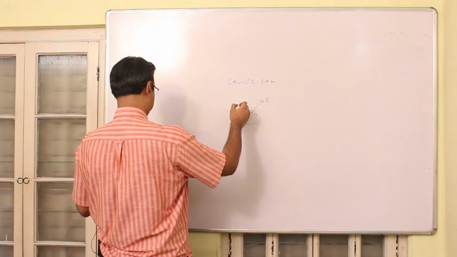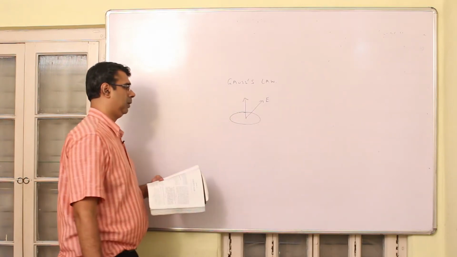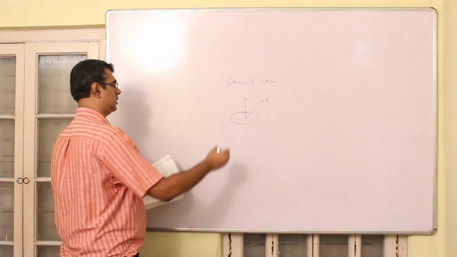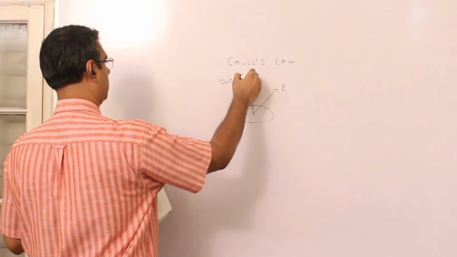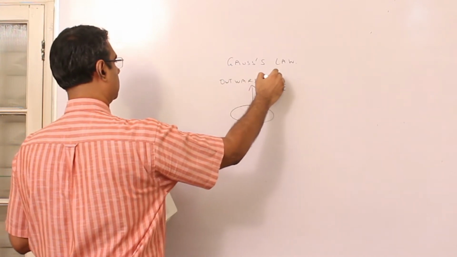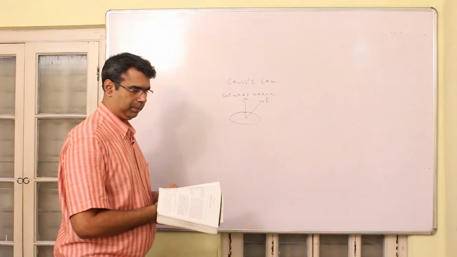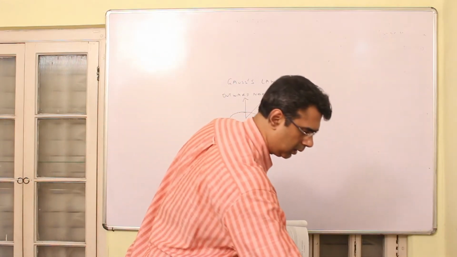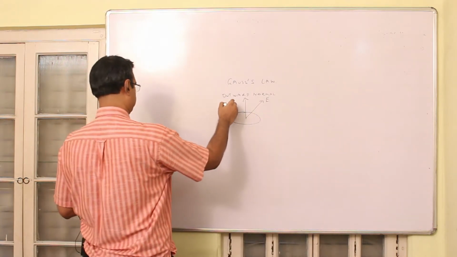To understand electric flux, imagine that you have drawn a perpendicular to this surface. This perpendicular, we call it the outward normal. Now this perpendicular gives the direction of the area vector.